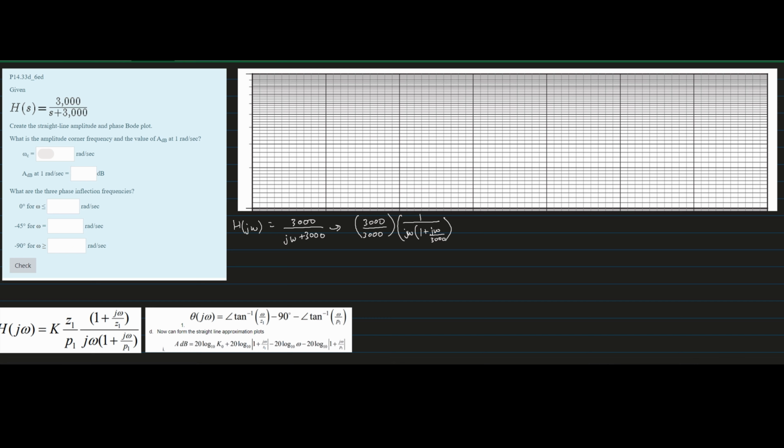Now from this we can clearly see that these 3000s cancel out. You can also see I forgot a parenthesis here, but that's beside the point. Now we can rewrite this as 1 divided by jω, and then 1 plus jω over 3000. And so this is our equation that we're going to have to graph.